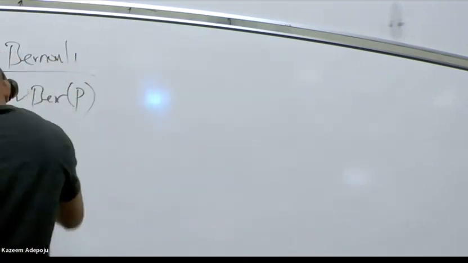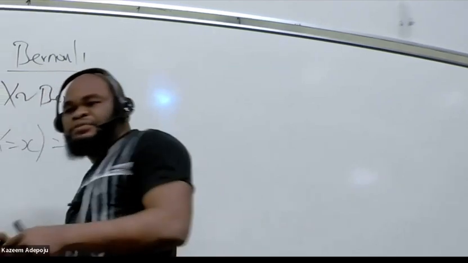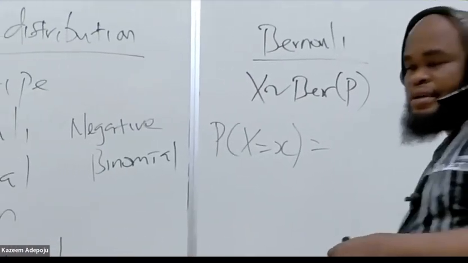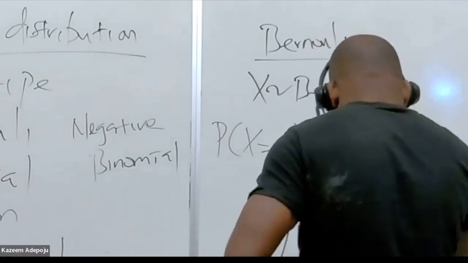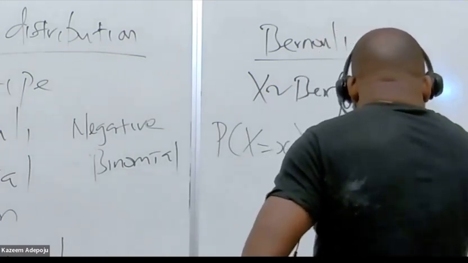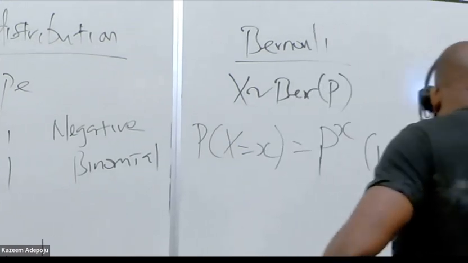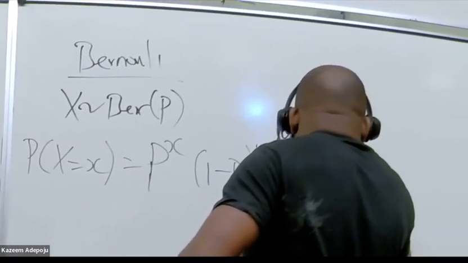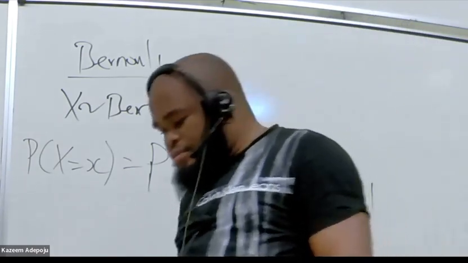The probability mass function for Bernoulli is p raised to power x, 1 minus p raised to power 1 minus x. And of course, the random variable x equals 0, 1.